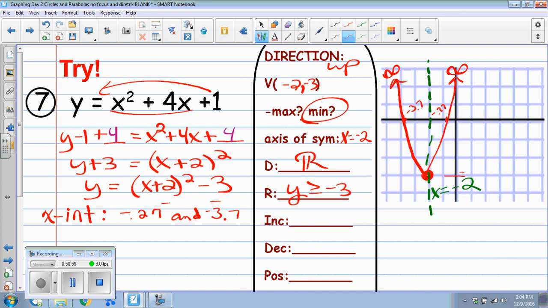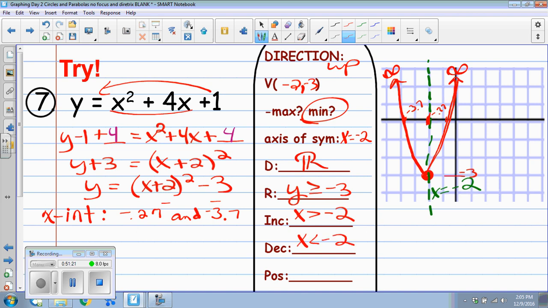That's -3 on the y-axis. It's increasing for all the x's greater than -2. It's decreasing for all the x's less than -2.